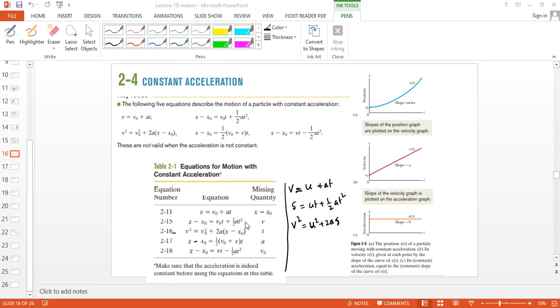So in our previous class, we ended up our class here. That means we showed you some of the equations of motion when the acceleration is constant. Now, today, can any of you tell me an example of constant acceleration in real life?